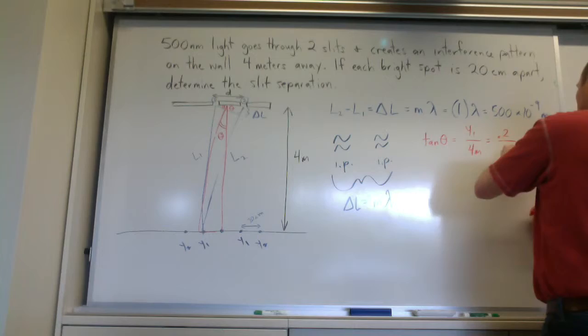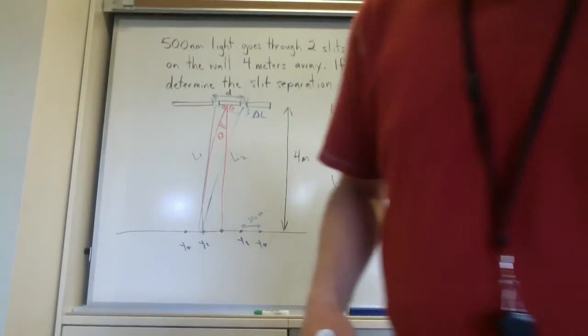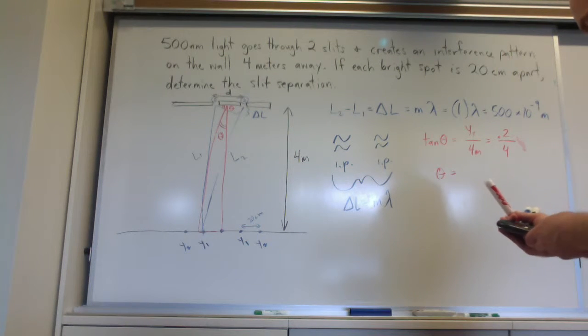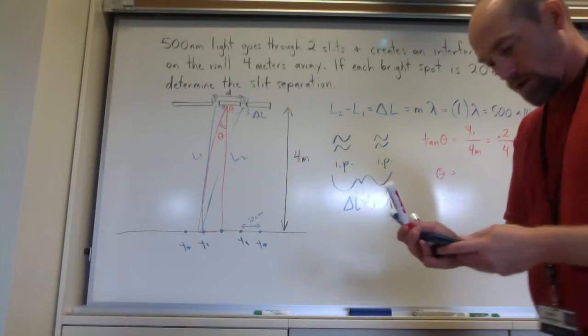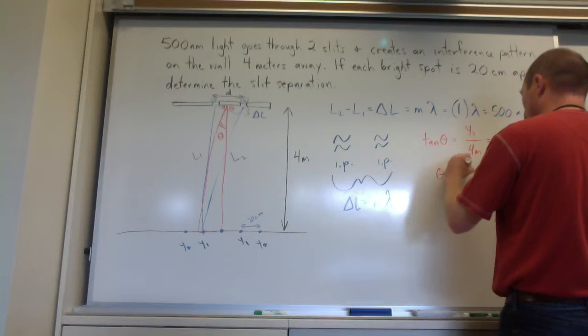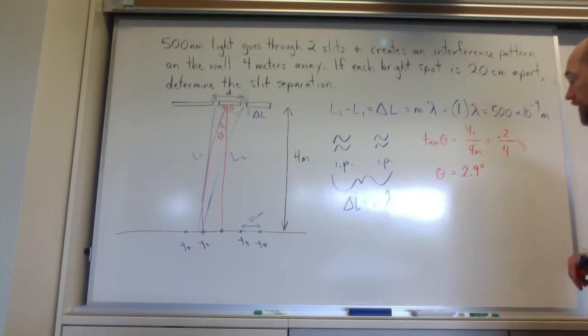And if I solve for my theta, 0.2 divided by 4 equals, second tan of my answer, and I get 2.9 degrees. Hopefully that makes sense.